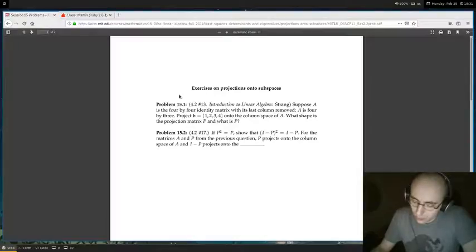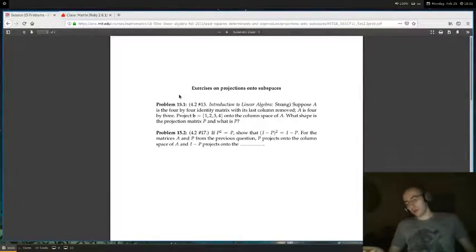It's a 3D space within four-dimensional space. Actually, the column space is R3 within R4, because any three-dimensional vector can be expressed as a part of this.